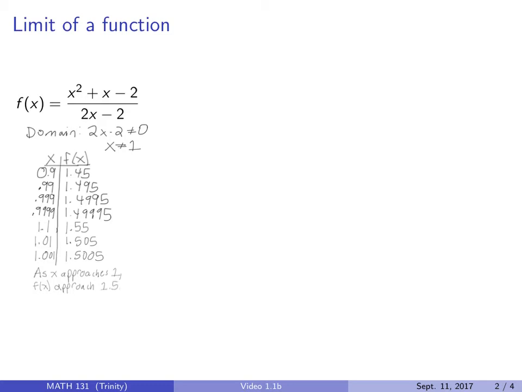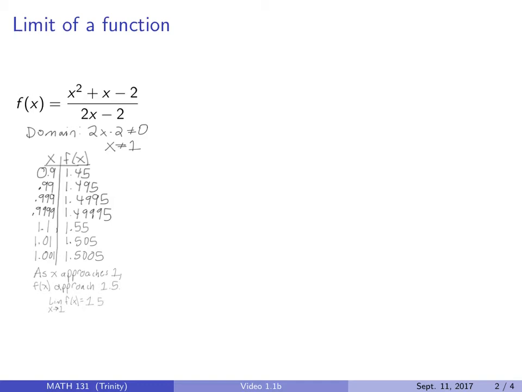So that is our limit here in this case. The notation that we use for this is the limit as x approaches 1 of f of x is equal to 1.5.